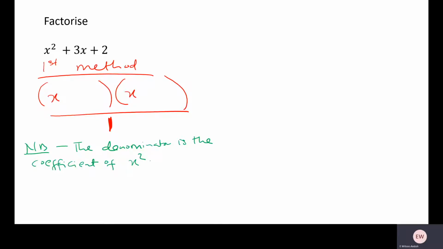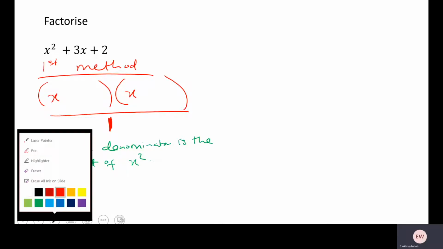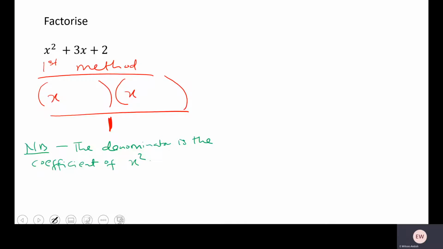To look for the rest of the terms, we have the standard form of the quadratic expression, ax squared plus bx plus c. If we compare that with what has been given, our a is 1, the coefficient of x squared. The b is positive 3. Always check the sign in front of the term.